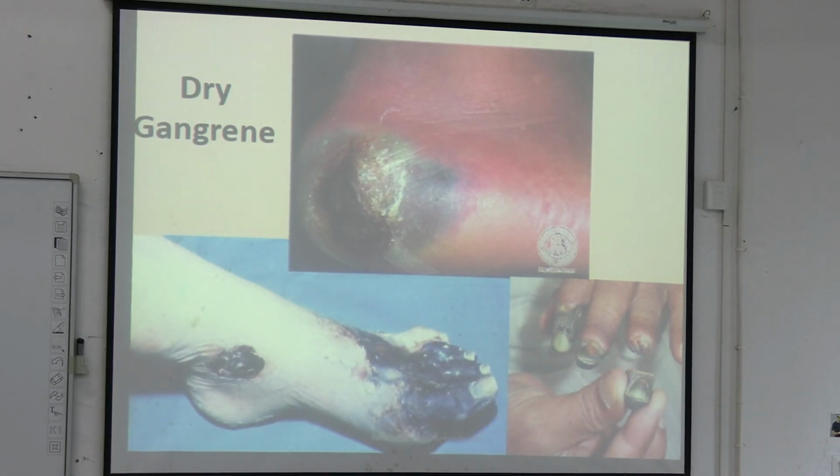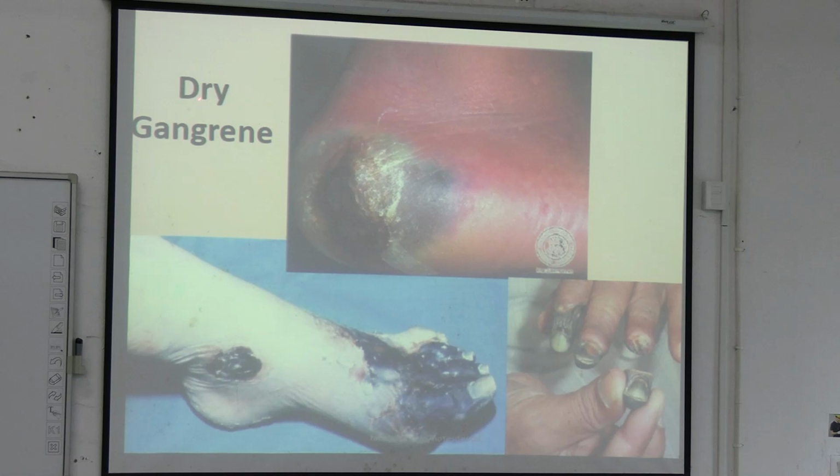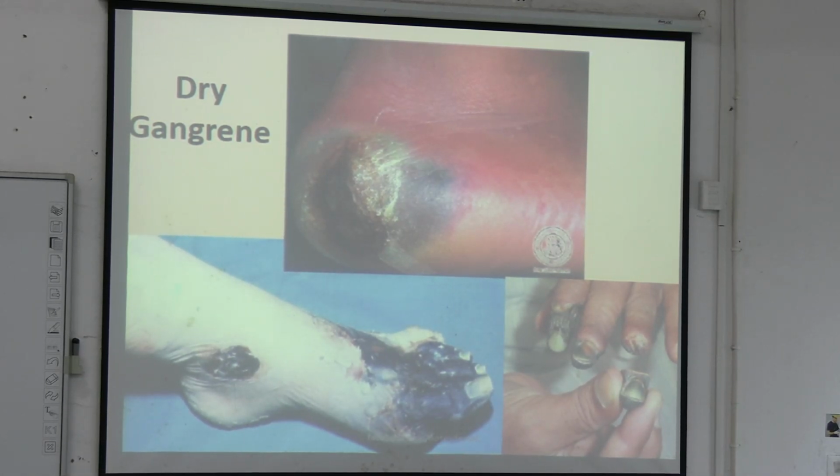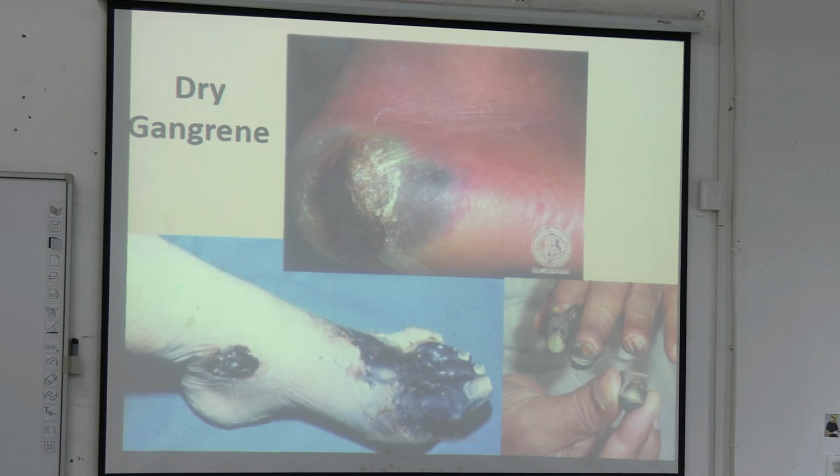This is a type of coagulative necrosis. It is known as dry gangrene.